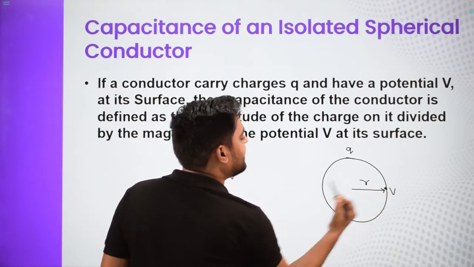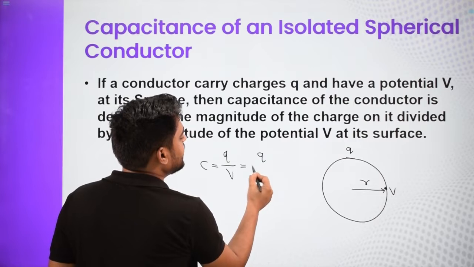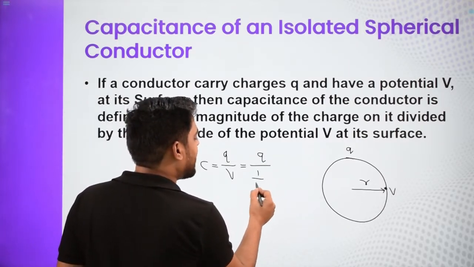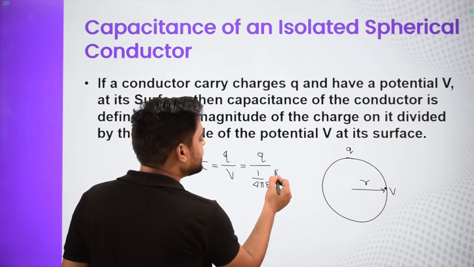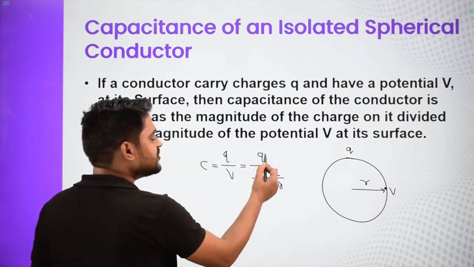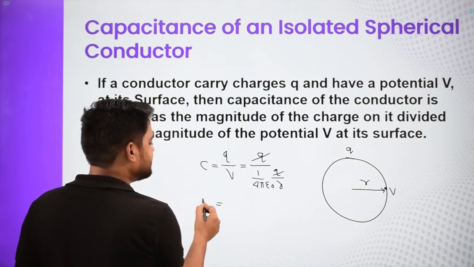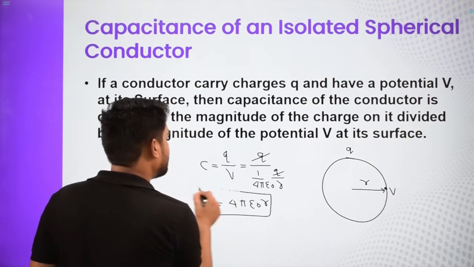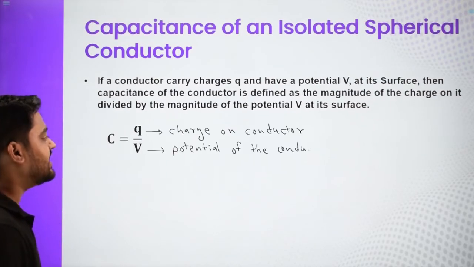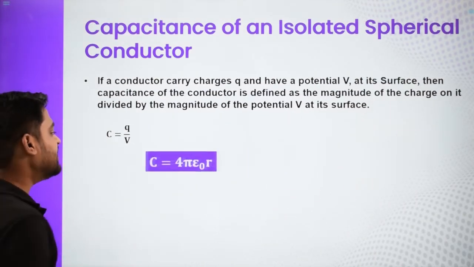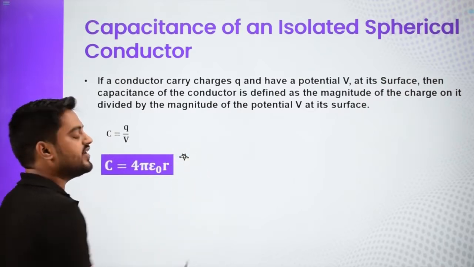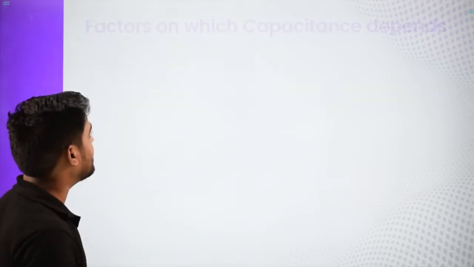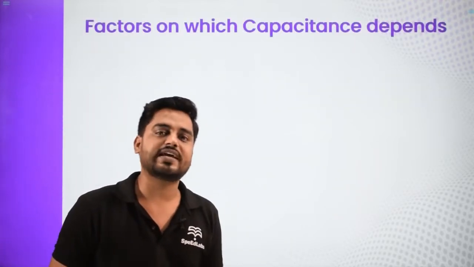Let us say it has radius R and charge Q, then the potential is KQ by R. So it is K, which is 1 by 4 pi epsilon naught, times Q, by R, and eventually this Q gets cancelled and we get capacitance equal to 4 pi epsilon naught R. This is the formula for the capacitance of an isolated spherical conductor, and we need to remember this.